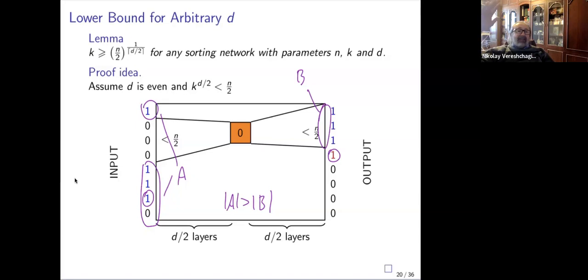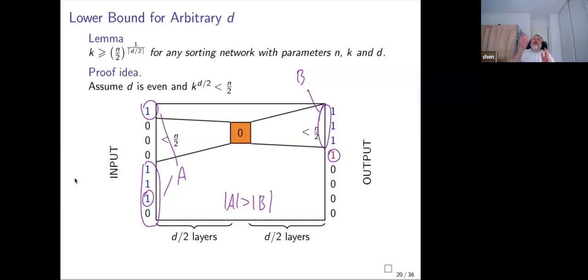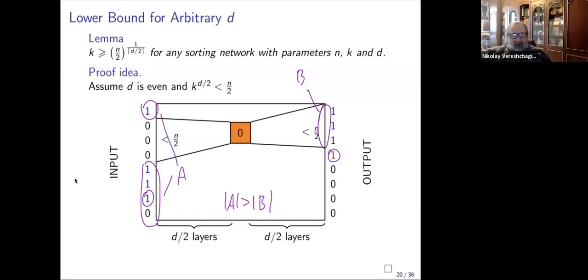We just see that there are more variables on the left than variables on the right, and each of the left variables should switch some right variable. And there is not enough of them.